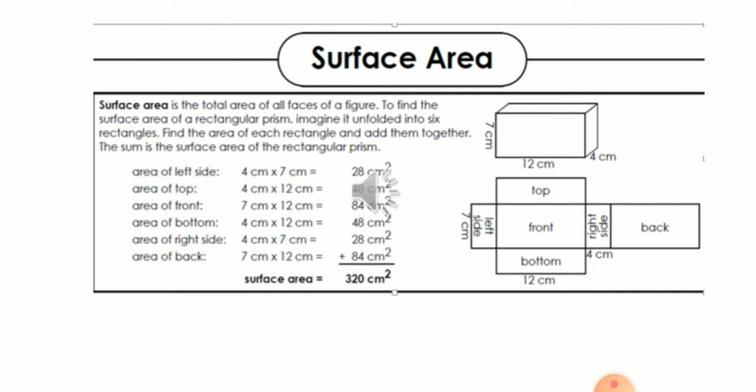Area of the right side equals the area of the left side, 4 times 7. Area of the back is like the area of the front, 84 centimeters cubed. So the surface area equals 320 centimeters squared.